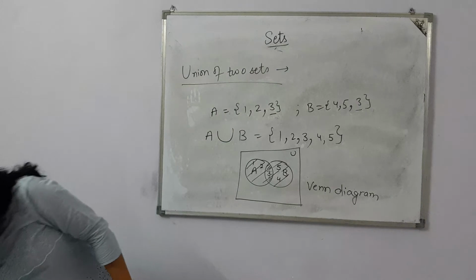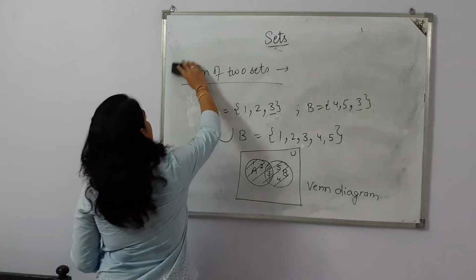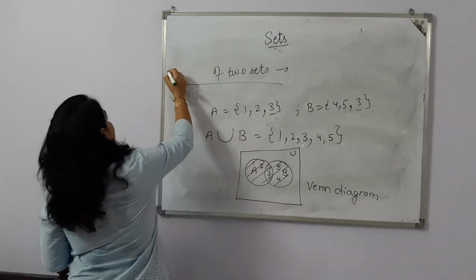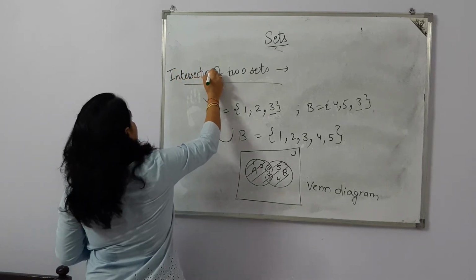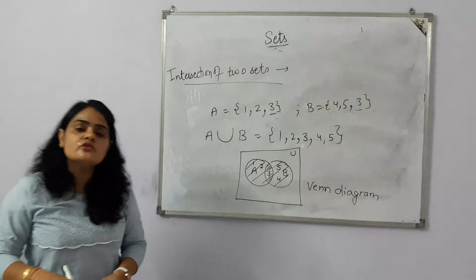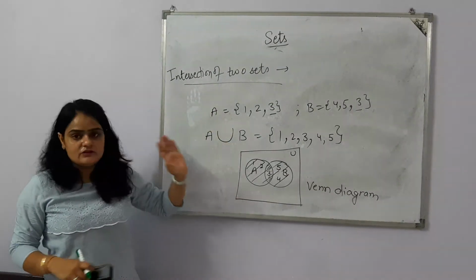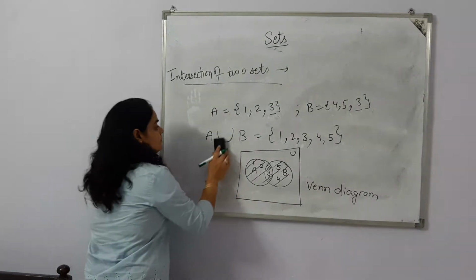Now the next topic is intersection of two sets. Intersection means the common portion of two sets. I am taking this very example only.